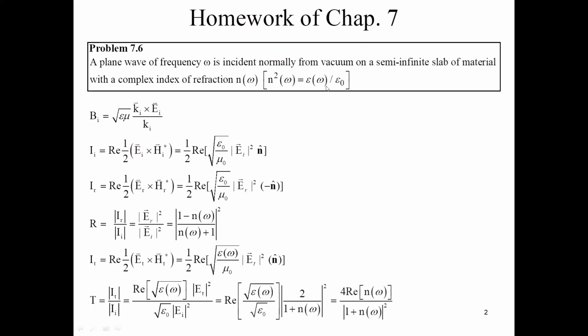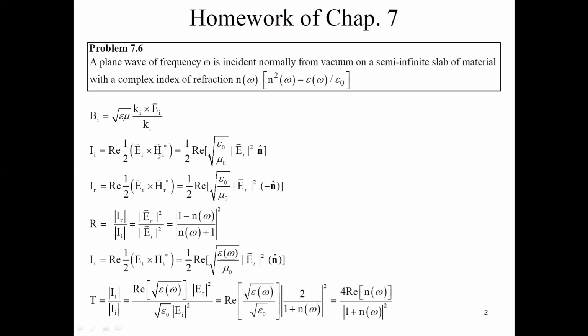Next, we know the B field, and the relation between the B field and the E field is equal to this. So our incident power will equal this term by the Poynting vector. And this term, we know by the B is equal to this, so actually it is mu B.